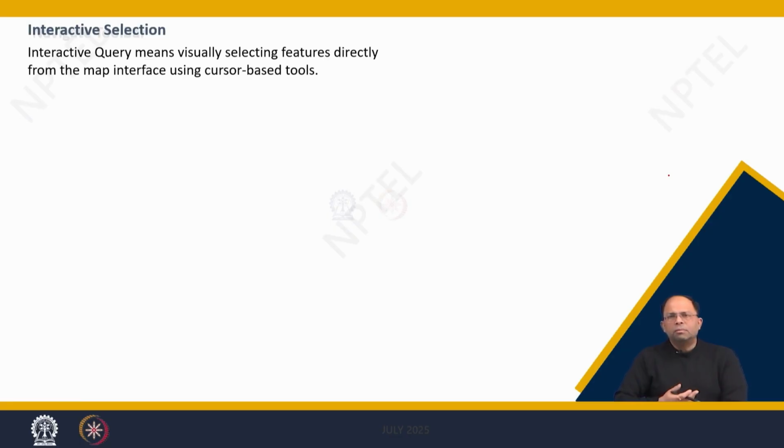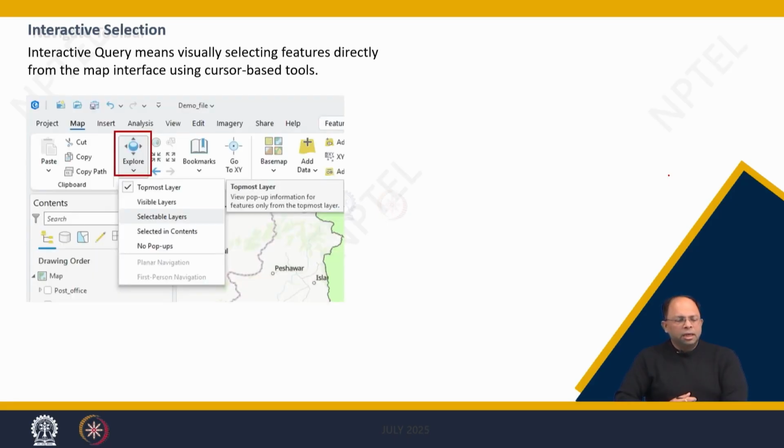Then coming to the querying part, we would first see how we can select through interaction. Interactive query means visually selecting features directly from the map interface using cursor-based tools. So we can use the cursor to select what we want.